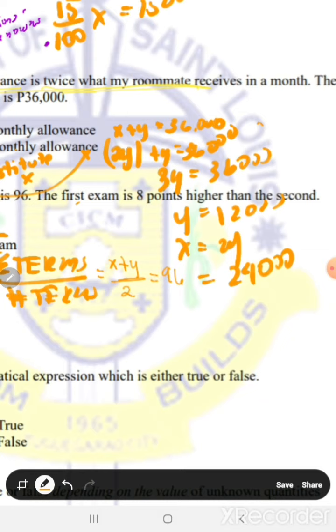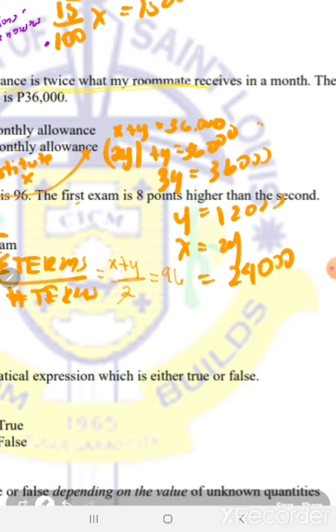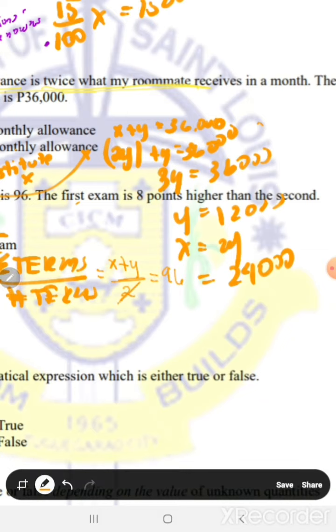So, why don't you multiply it by 2 in order to remove this denominator? Probably, guys, I am not yet asking you to solve the problem. Since I just want to represent the mathematical sentence, I may say that X plus Y divided by 2 is equal to 96. It denotes that the average of my two exams is 96. Okay.